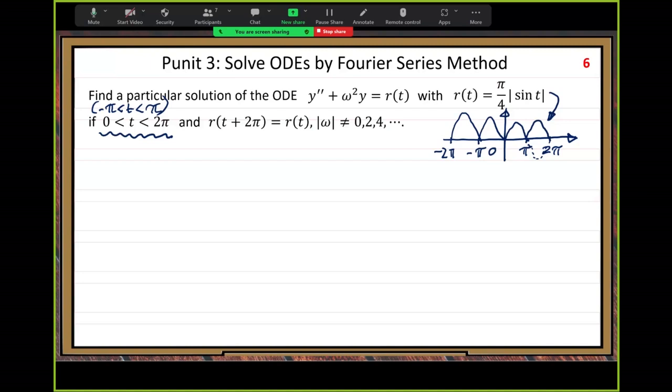After you look at this graph, when we do the Fourier series expansion, what's your plan to calculate the Fourier coefficients?